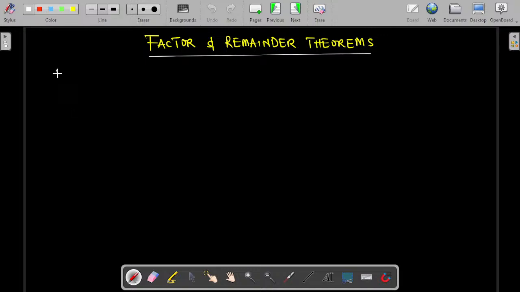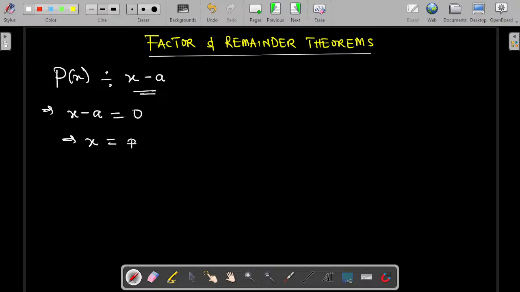If we have a polynomial p of x and it is divided by a linear polynomial x minus a, all you need to do is pick that divisor, x minus a, equate it to 0, and make x the subject of the formula. So by implication, x is going to be equal to a.